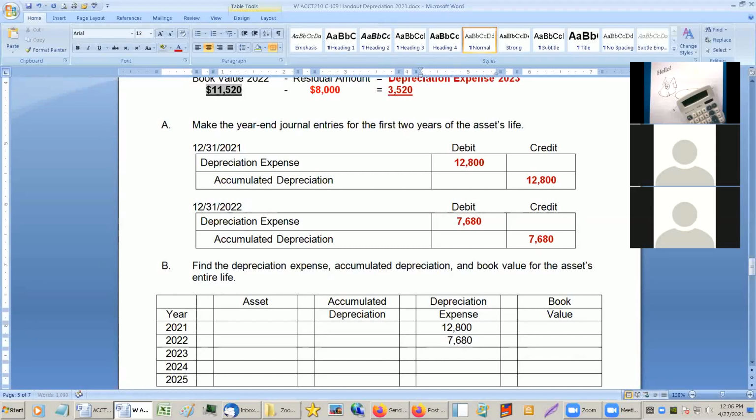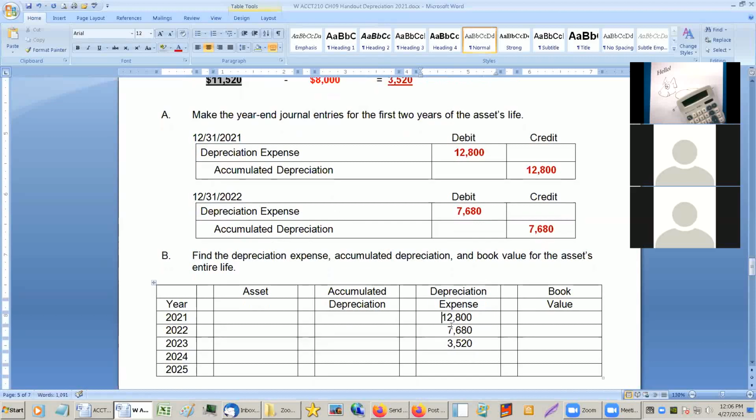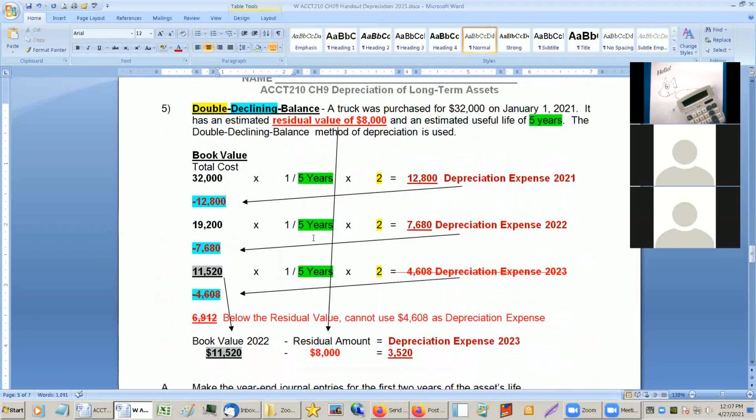The last one was 3,520. Okay, so this asset, what was this?